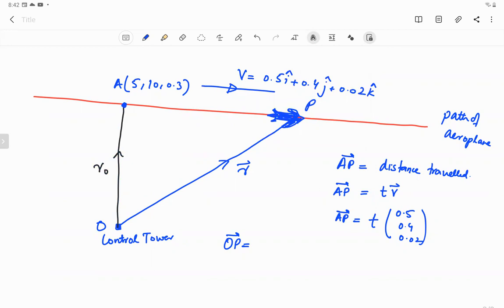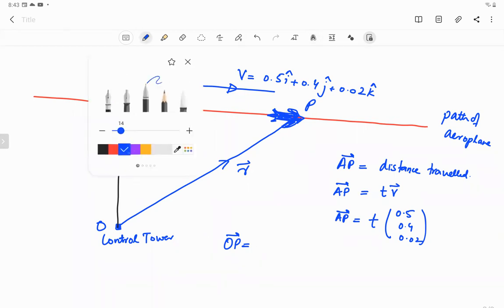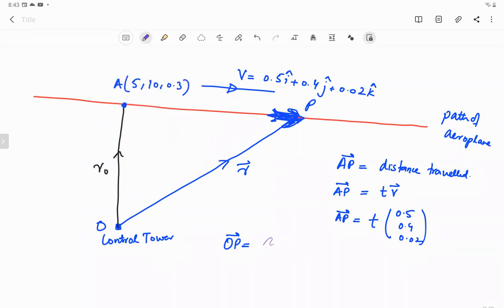Although it was moving previously, it came to the radar of the control tower when it crossed the point A, having coordinates of 5 kilometers along the x-axis and 10 kilometers along the y-axis, x and y-axis being on the ground, and the xy plane is the horizontal plane, and 0.3 was its height, 0.3 kilometer, or you can say 300 meters. Now OP is equal to OA plus AP.